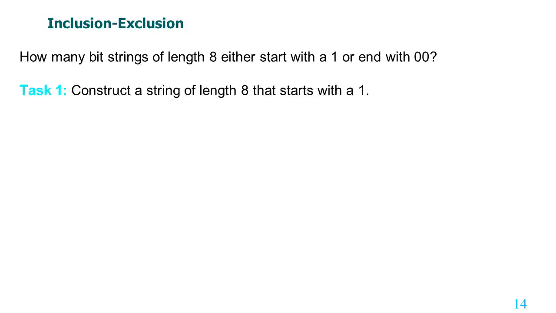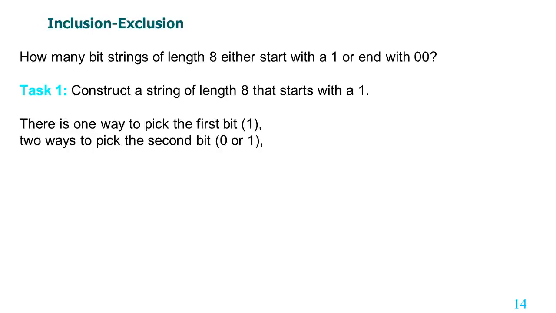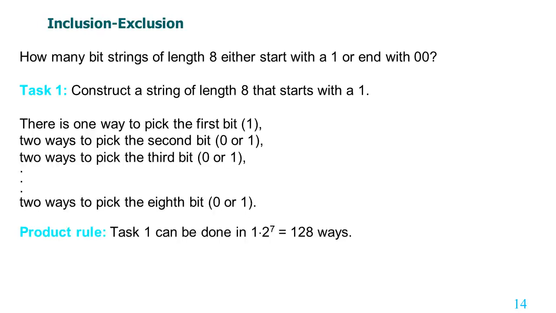Task 1 is to construct a string of length 8 that starts with a 1. There is one way to pick the first bit, two ways to pick the second bit, two ways to pick the third bit, and so on. Finally, we find the number of ways by using the product rule.